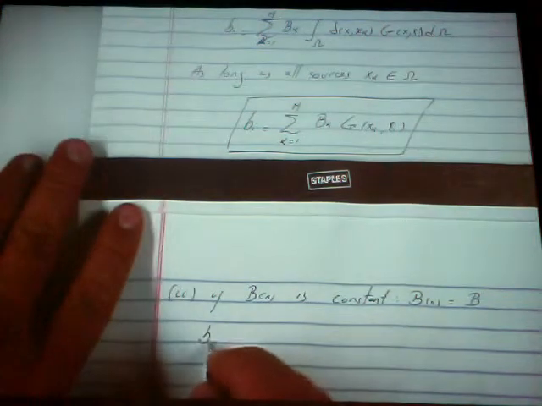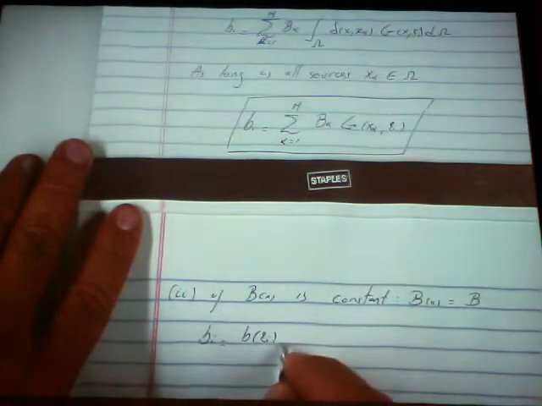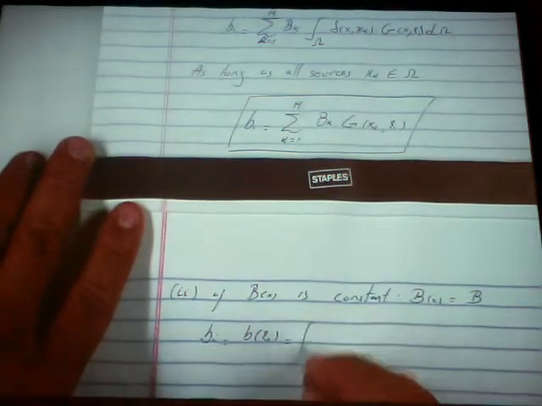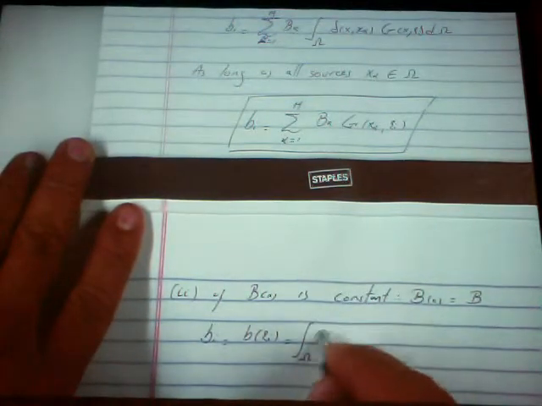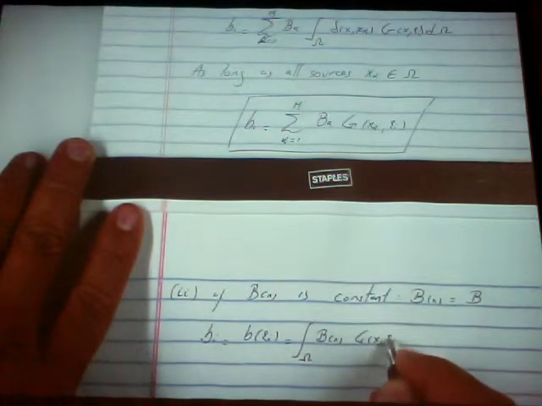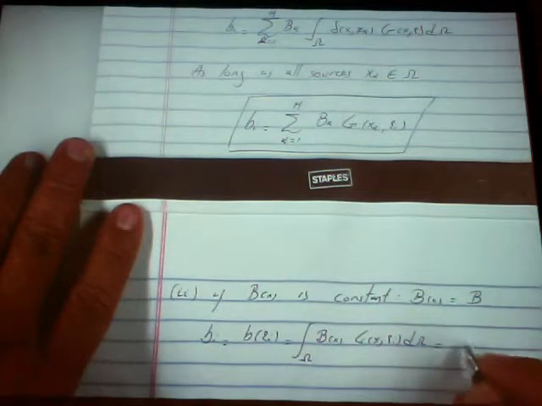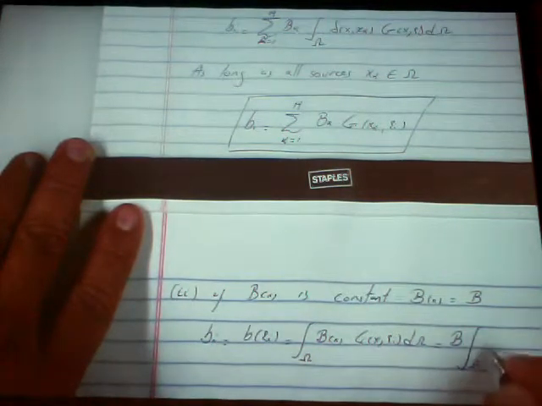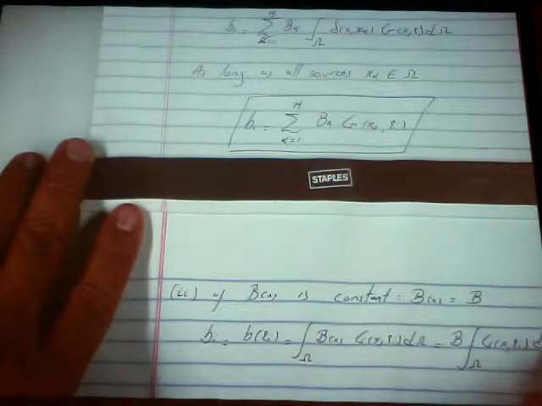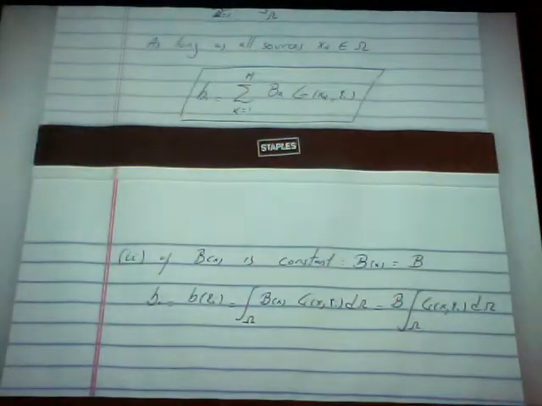The elements of Bi are B of psi I, which are equal to the integral over the domain of B of x, d of x and psi I, which are now just simply B times g of x and psi I d omega. We need to solve that integral, the integral over the domain of the Green's function. That's the log of R. So how do we do that?